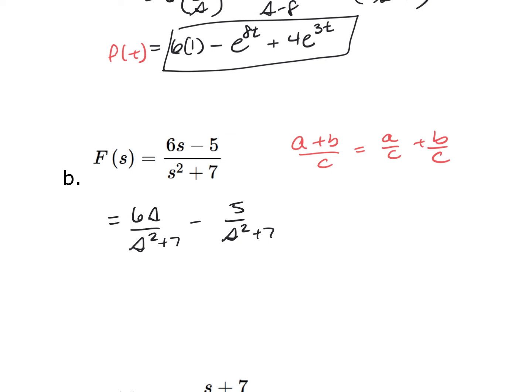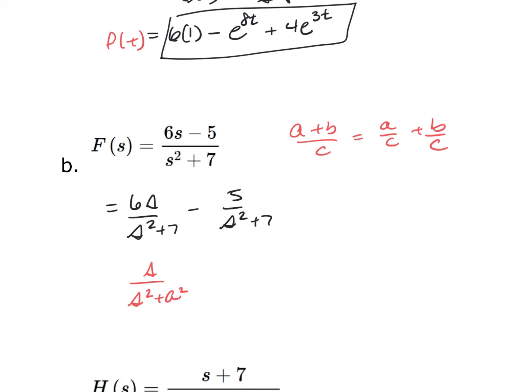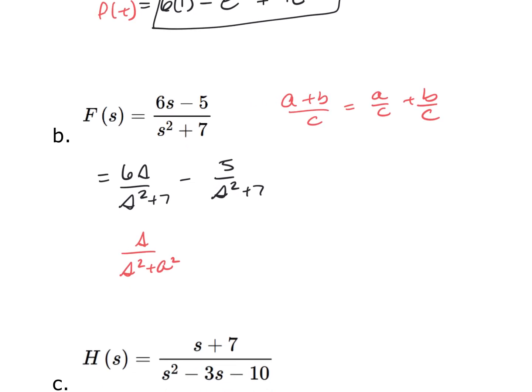Now in my Laplace transform sheet from last section 6.1, I have one that is s over s squared plus a squared, and when I see that, that becomes the cosine of at. So I know this first term is going to be 6 multiplied by the cosine of the square root of 7 times t, because a is squared.